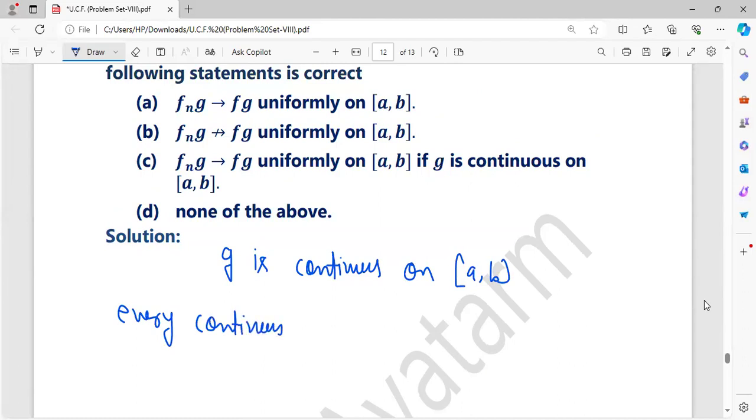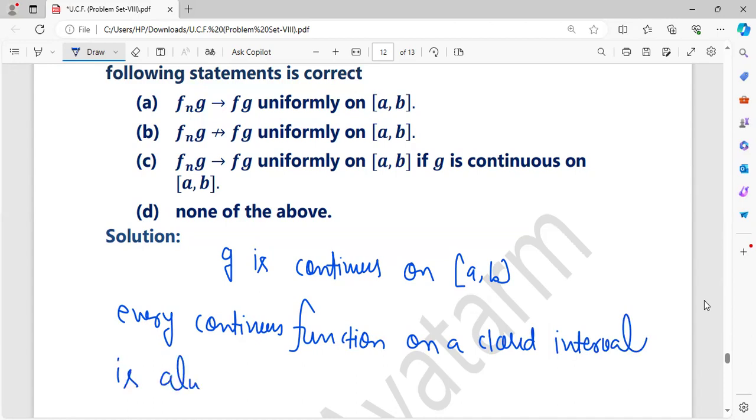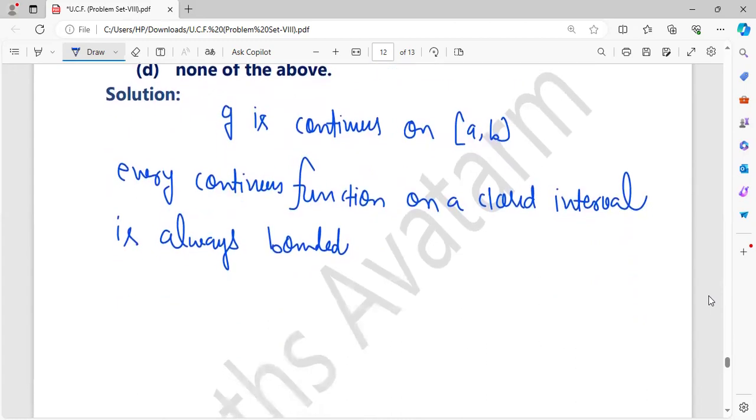This is a result: every continuous function on a closed interval is always bounded.